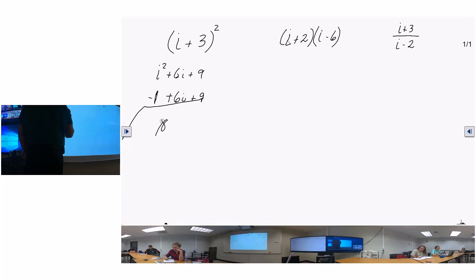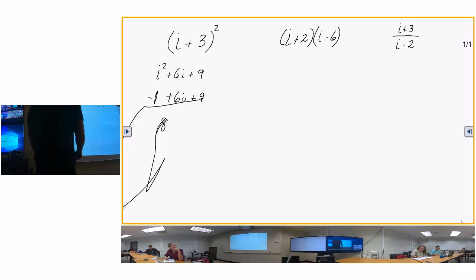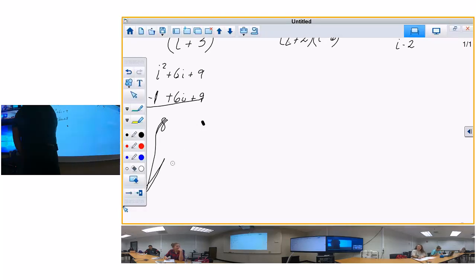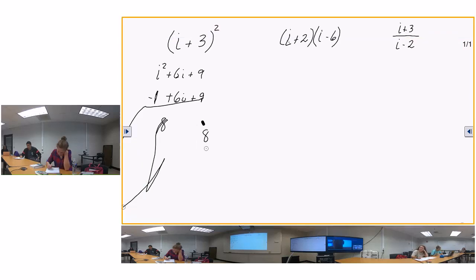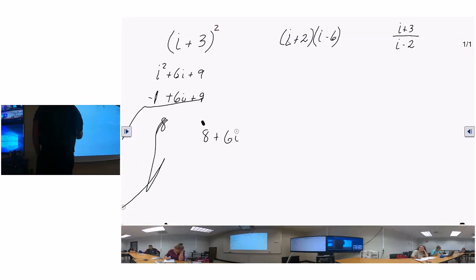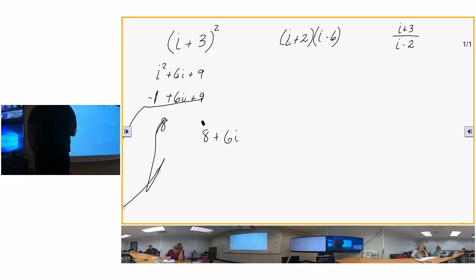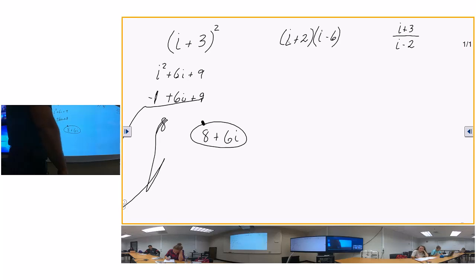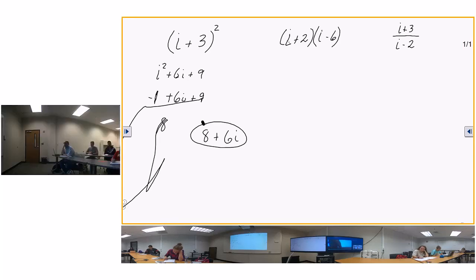Thank you. I appreciate it. So 8 plus 6i. I got so confused with all the writing. I think that's it. So that's your answer. So you square i, then you add a i and 3. Double it.